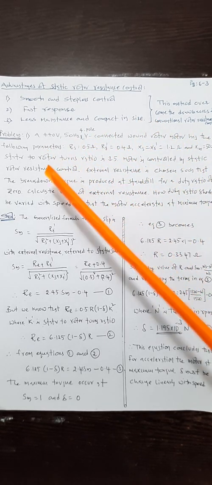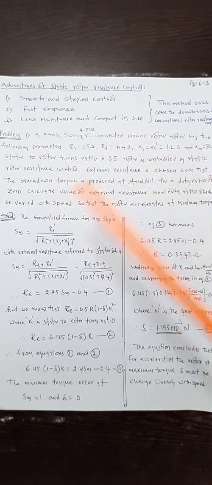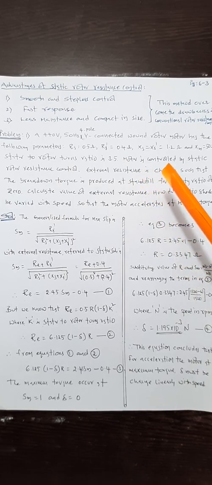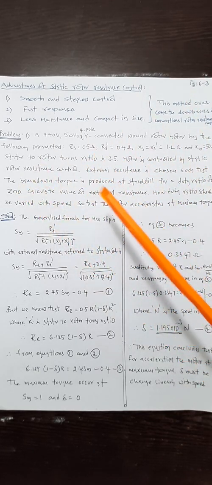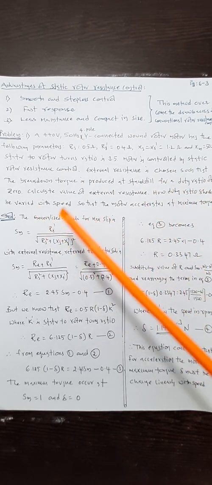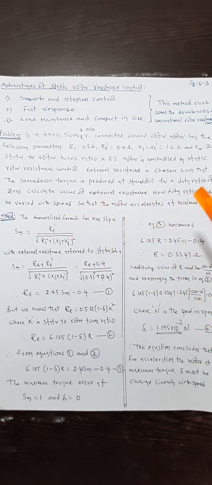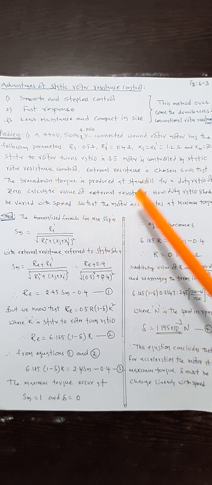The motor is controlled by static rotor resistance control. External resistance is chosen such that the breakdown torque is produced at standstill for a duty ratio of 0. Calculate the value of external resistance. How should the duty ratio be varied with speed so that the motor accelerates at maximum torque?